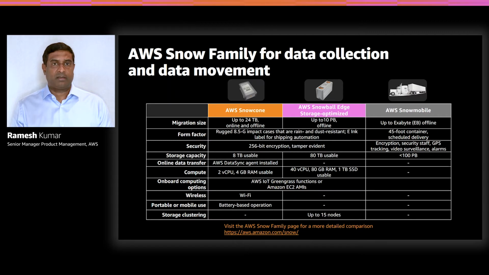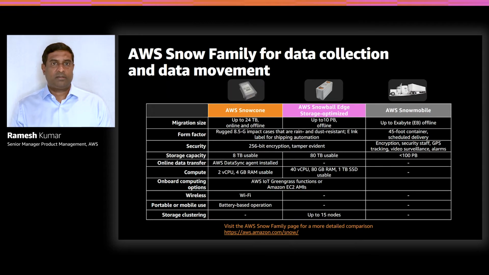You can develop your applications as Amazon EC2 AMIs in the AWS Cloud. Once you've tested and validated your applications, you can deploy your Amazon EC2 AMIs on the Amazon EC2 instances that are hosted on the Snow devices. You can also run AWS IoT Greengrass functions on Snowcone and Snowball Edge.